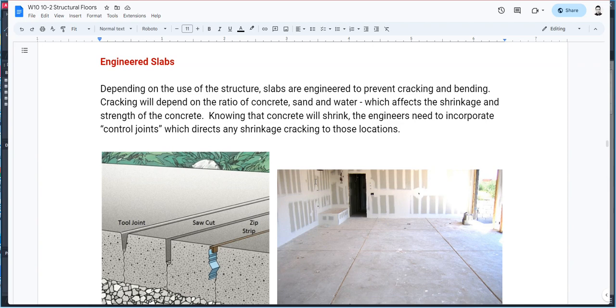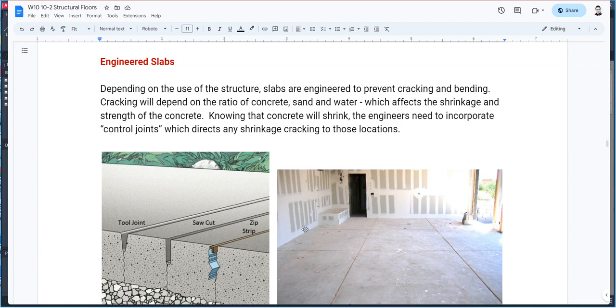The moisture is going to be gone, and when the moisture is gone, then the slab will shrink. And if it shrinks, the force that makes it shrink will also create cracks.